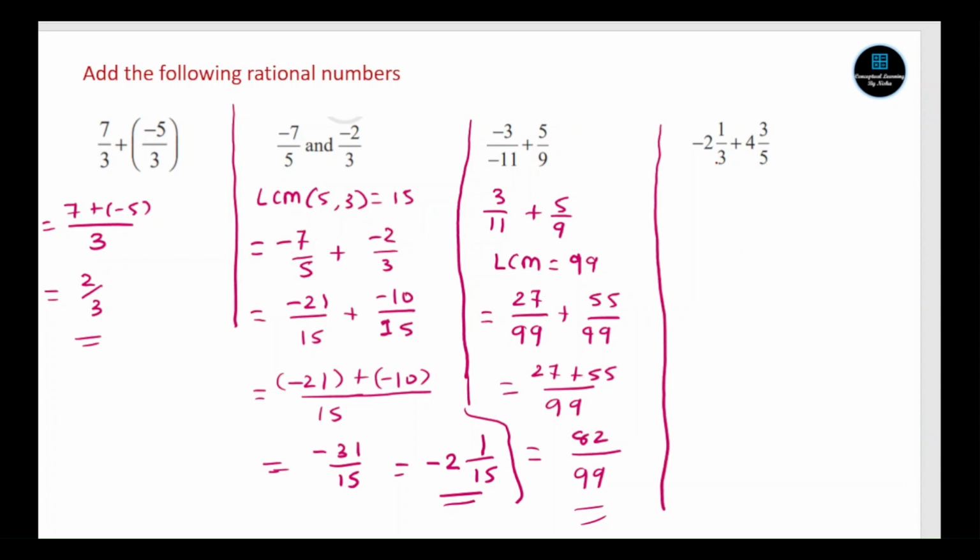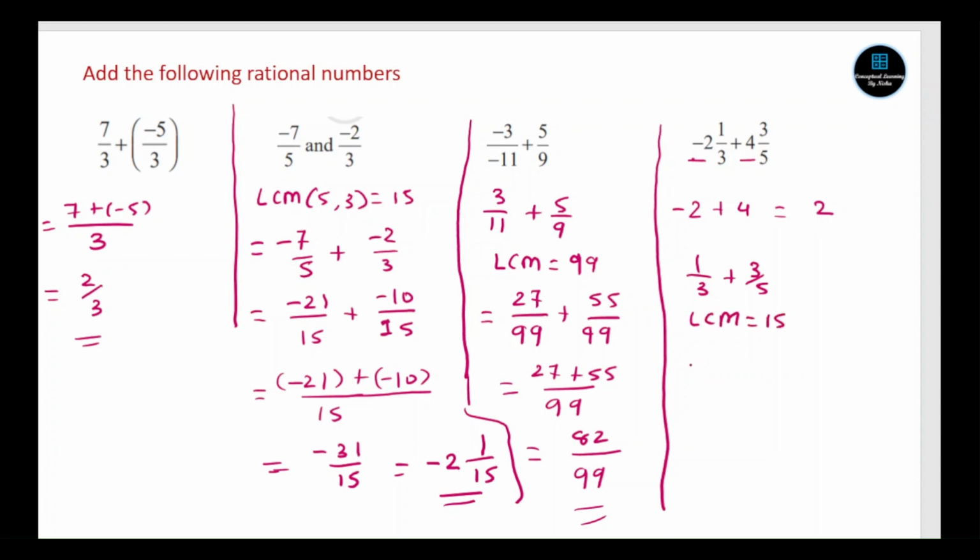Alright. Now let's solve this one. So we learned in fractions when we want to add this, see, I can add these integers, right? So minus 2 plus 4, I'll get 2. So I'll keep that aside. Now 1 upon 3 plus 3 upon 5. So LCM is 15.